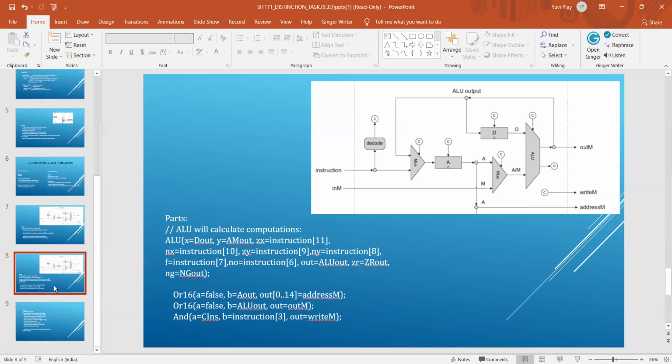In the next line, there are 2 Or16 gates and an AND gate. The first Or16 gate tells us the address of the write operation, and the second Or16 gate tells the content of data memory. And at last, the AND gate determines the output.